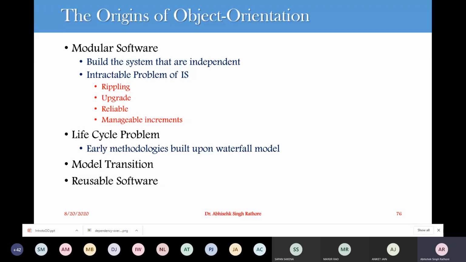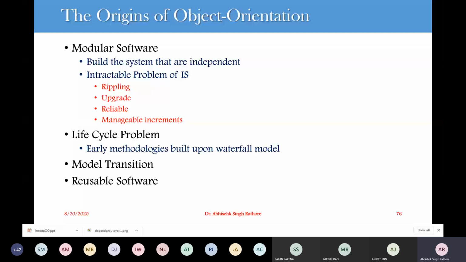Then another issue that helped in the evolution of object orientation is the life cycle problem. The problem with the early methodologies in the 1980s and 1990s is that they were built upon the classical waterfall model, even for large-scale applications like military or space applications.